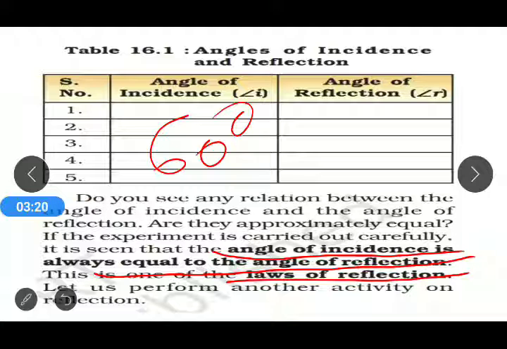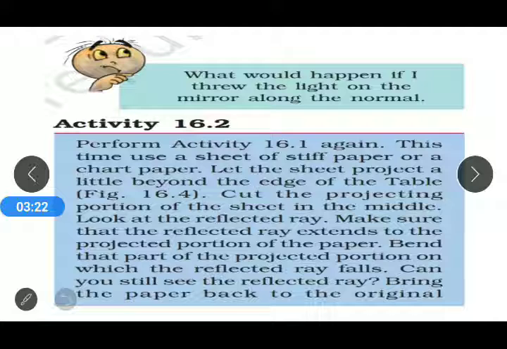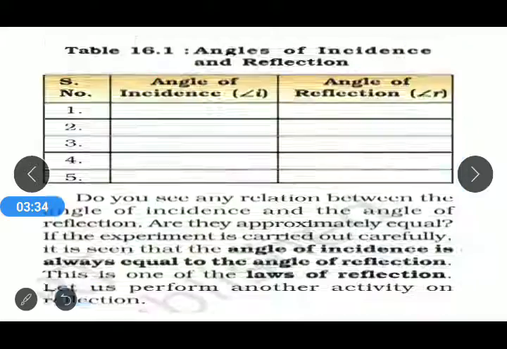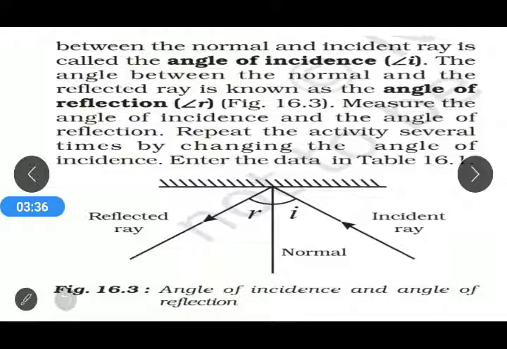Now we will move on to the second law of reflection. One question is given to us: what would happen if I threw the light on the mirror along the normal? To find the answer, suppose we throw a light along the normal. The angle will be 180 degrees and the light gets reflected back. Whatever path the light traces, it retraces again.